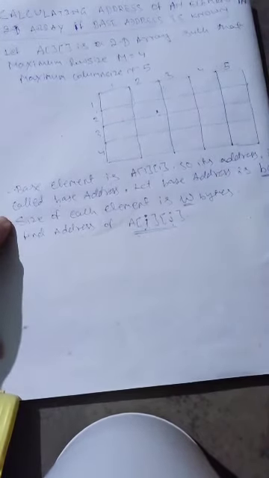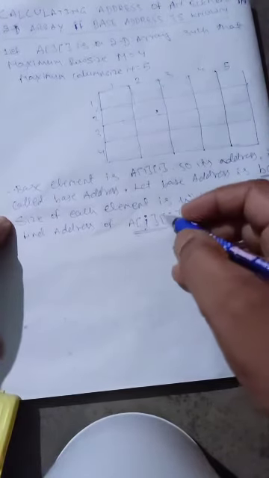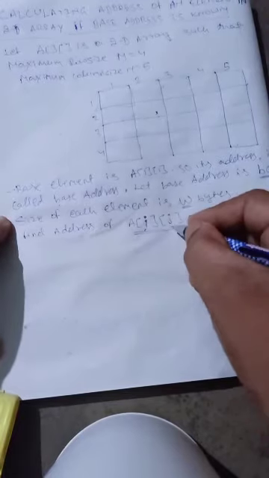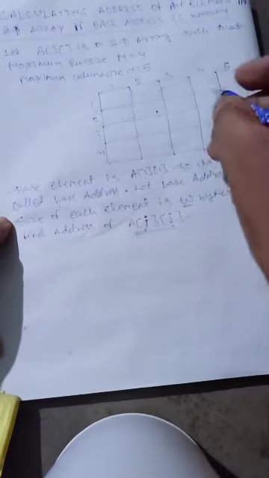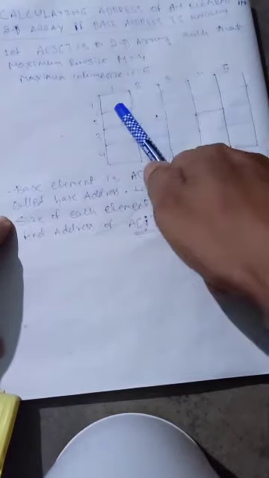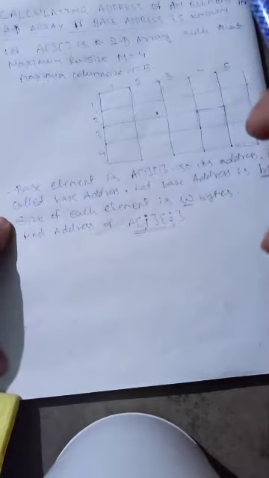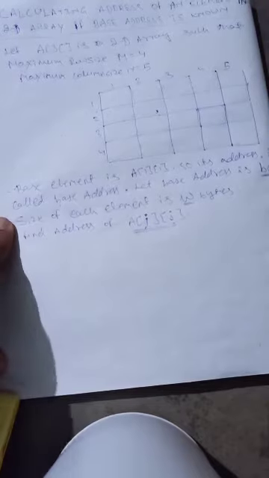For example, what is the address of element 3 4? If i equals 3 and j equals 4, we want to find the address of this location. How do we calculate the address of this element if we know the base address? Since an array means all the elements must have the same data type, each of these elements must have the same memory size or word length.